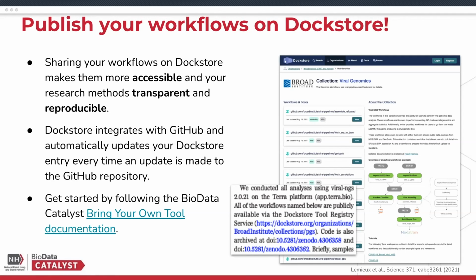Publishing on Dockstore also enables you to get a workflow entry DOI, which you can reference in your publication. And the screenshot right here shows an example of that. This is a recent publication from the Broad Institute where the workflows used for the analysis are referenced by their DOI. The details on how this process works are elaborated in the Bring Your Own Tool documentation, which is linked here.